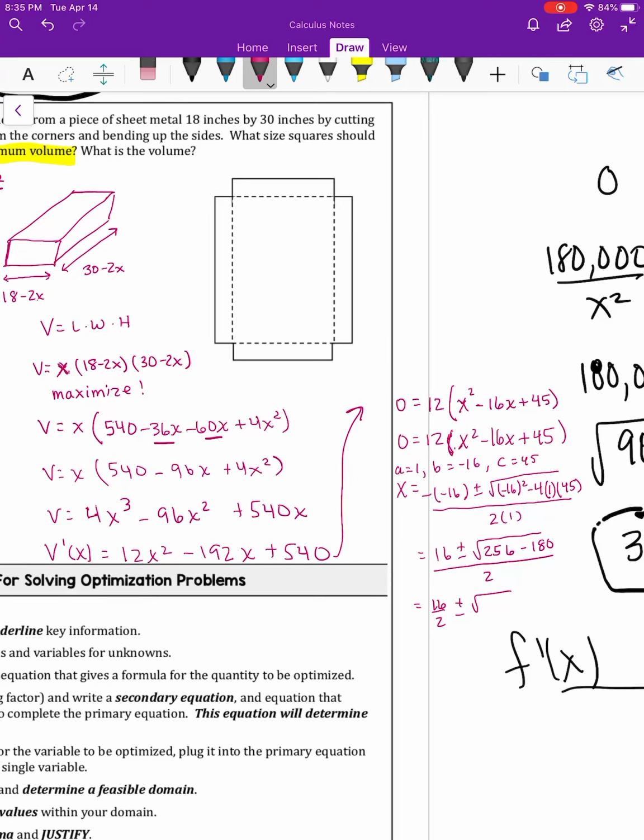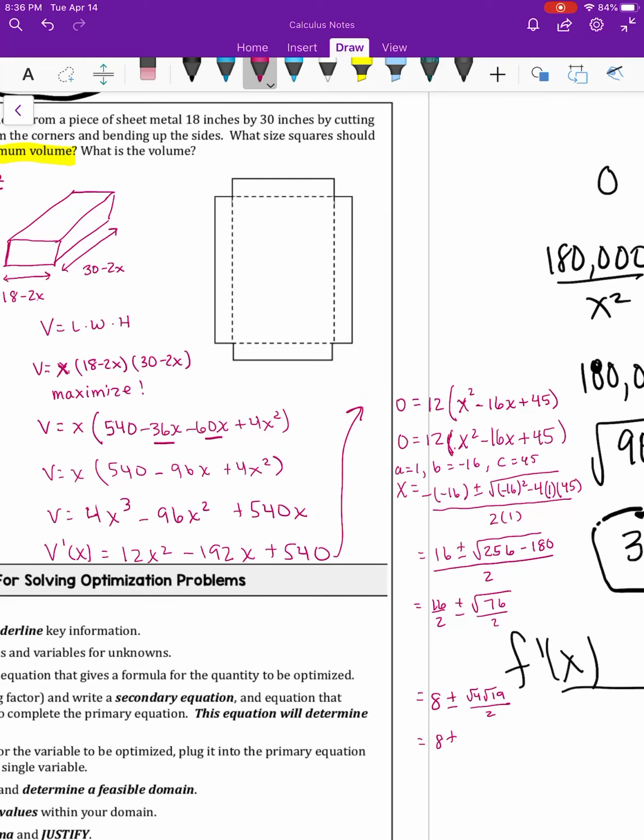And remember that you can go 16 divided by 2 plus or minus, and then this would be the square root of 76 divided by 2. So you can put that 2 underneath both of them. 76 is divisible by 4.